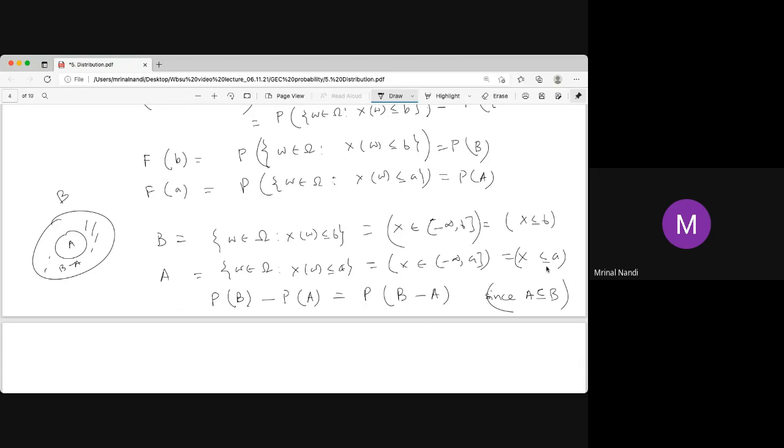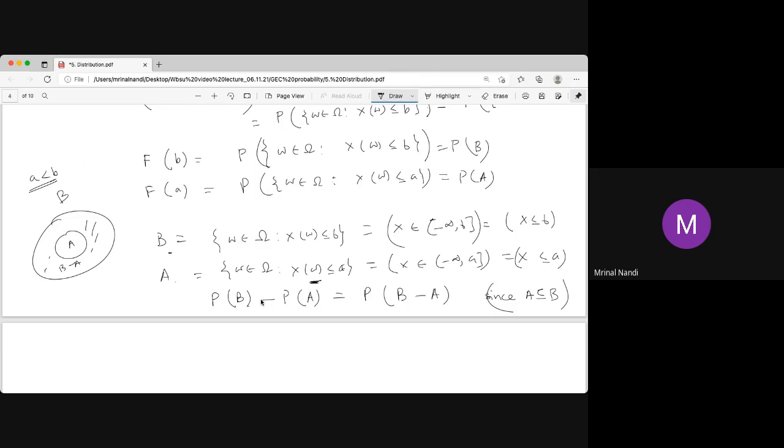Now here A is a subset of B because small a is less than b. Since small a is less than b, the set A is a subset of B. The set of omega with X of omega less than or equal to a is a subset of the set with X of omega less than or equal to b.